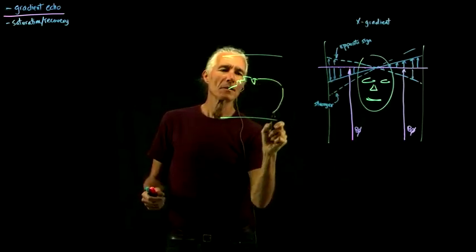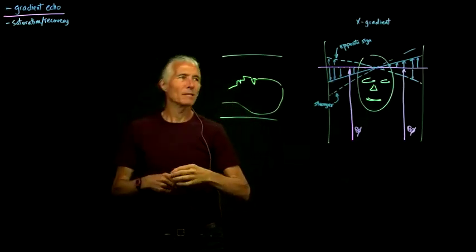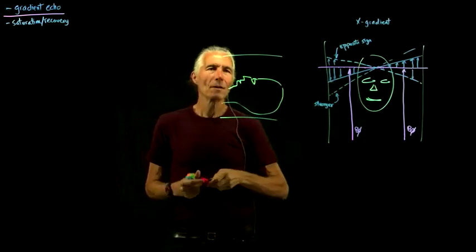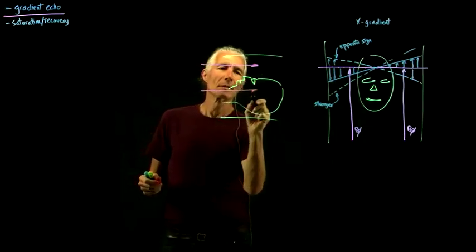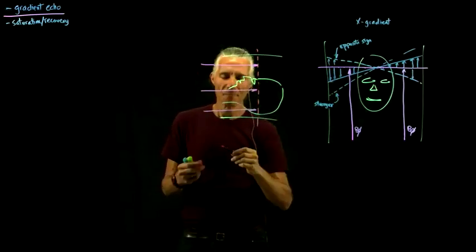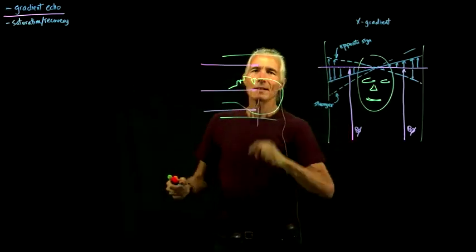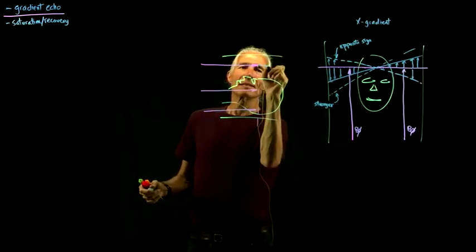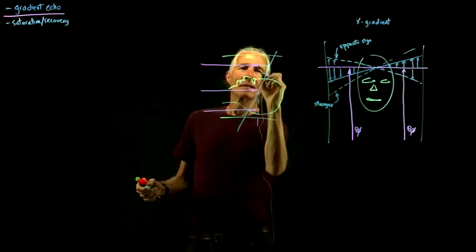And so now what does the y gradient look like? If here's your large B0, what the y gradient is going to do is add some additional z component as you move in the y direction.